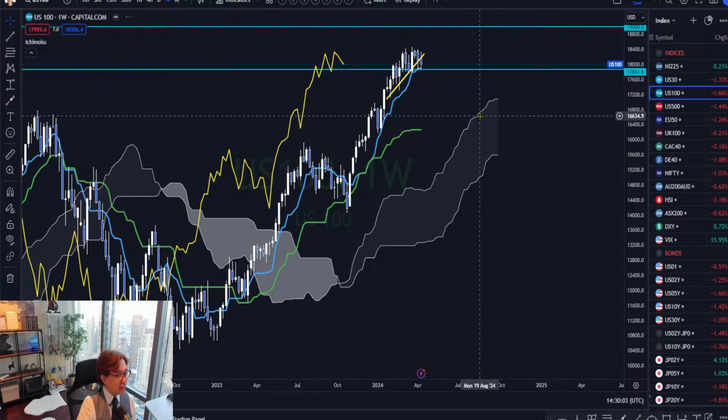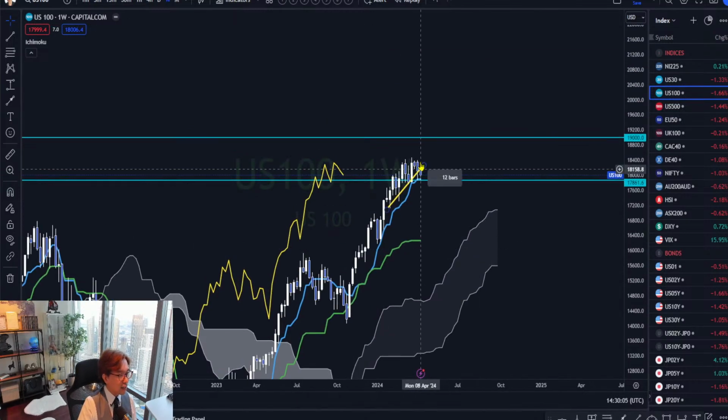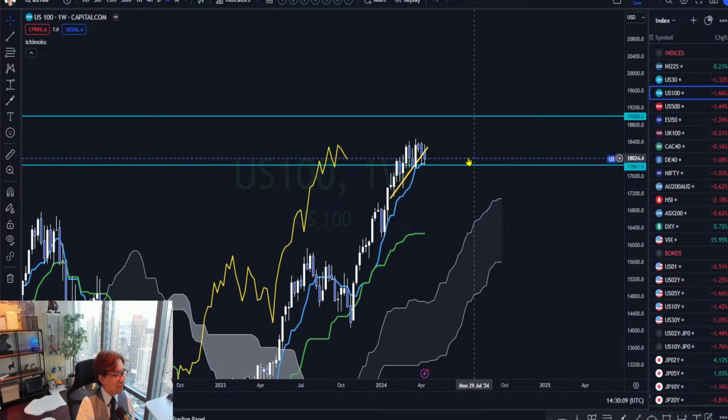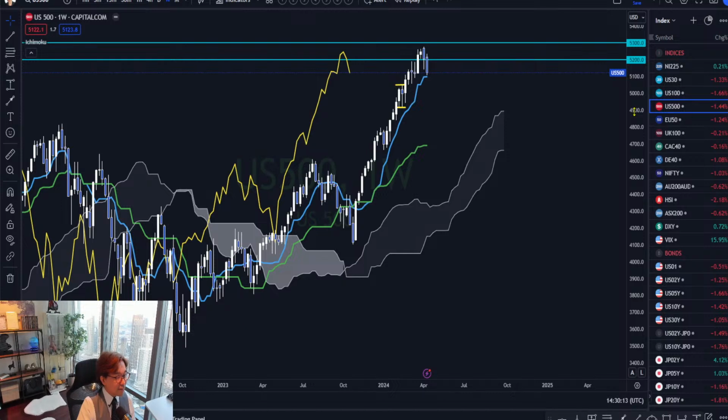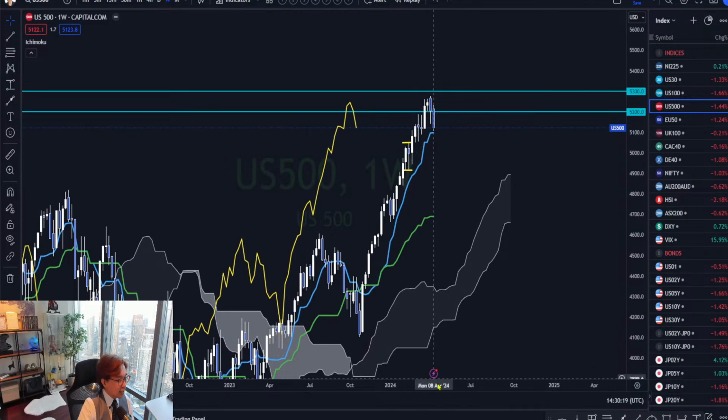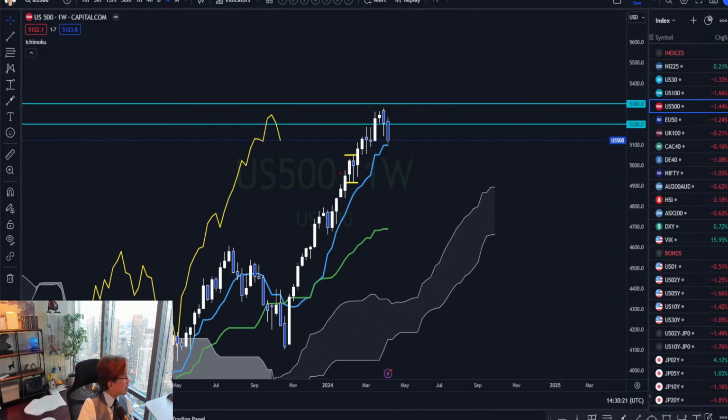So Nasdaq is good, still above the Tenkan-sen, but for now, I think this week will be consolidation. And S&P 500 is also bullish because it's above the Tenkan-sen, and it's about to break the Tenkan-sen. If it breaks Tenkan-sen, same as Nasdaq, I think the price tries to drop down, tries to touch this Kijun-sen.